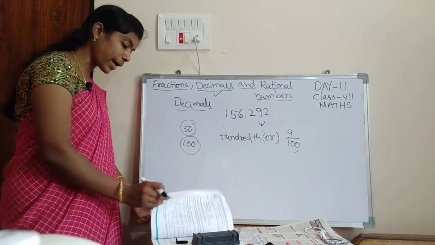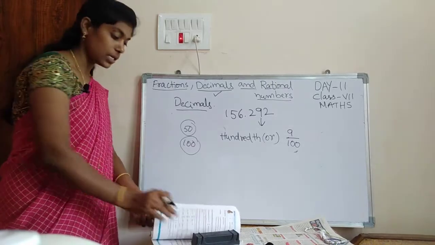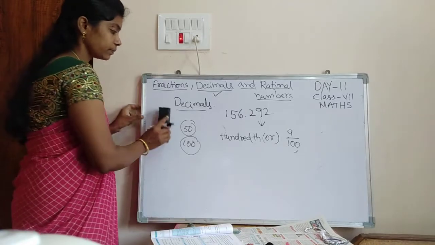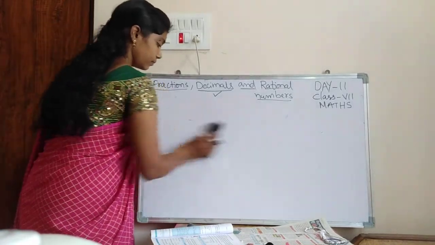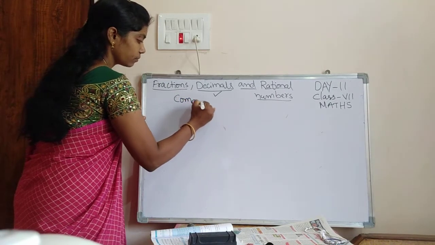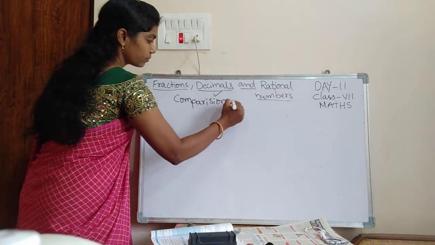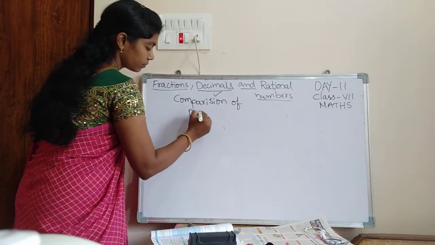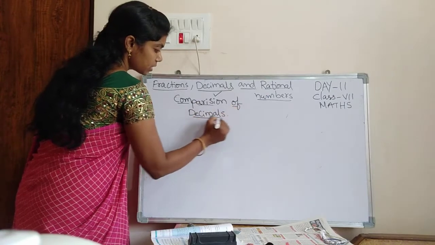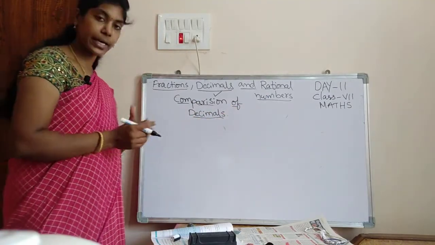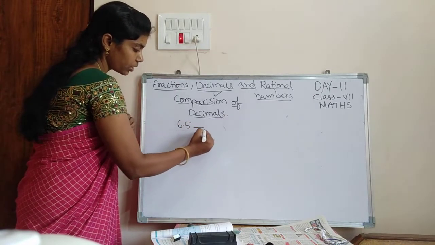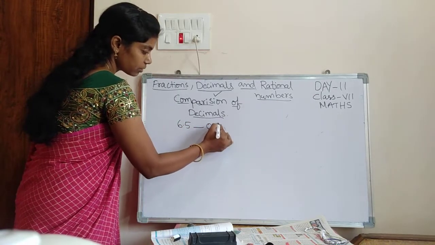Next, how will we compare decimals? It is very easy. Comparison of decimals: first, I'll write some decimals. 6.5 or 0.5.